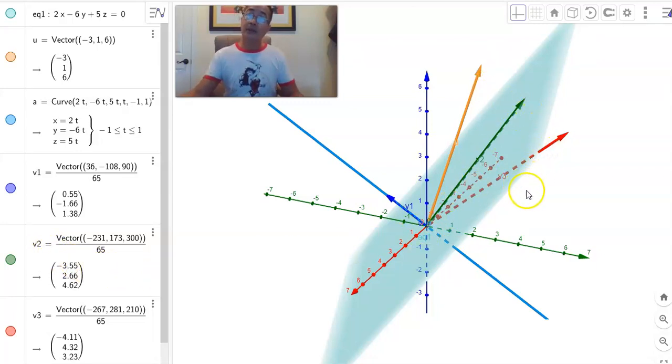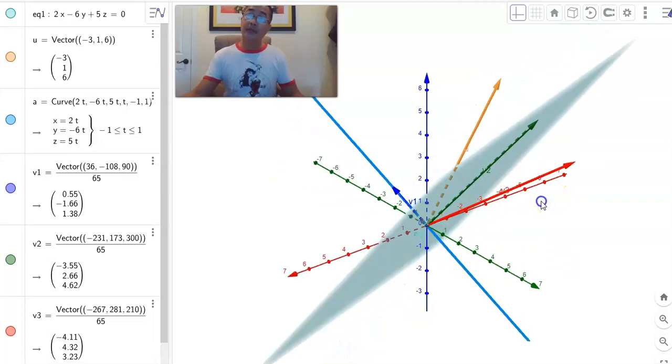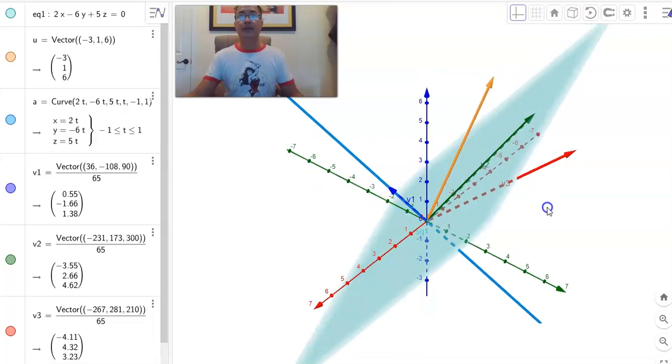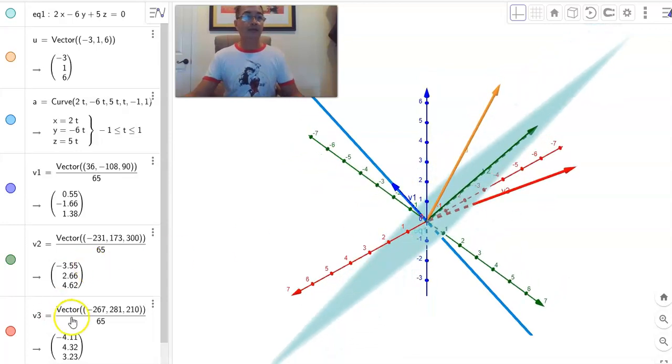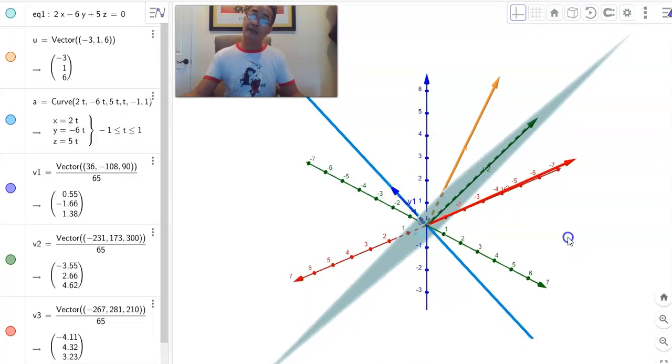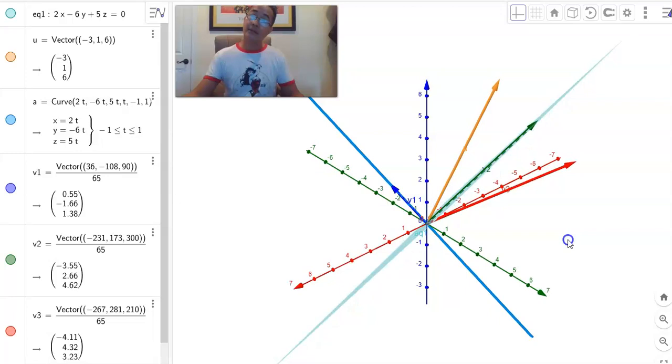So this has to be on pi, and let's rotate a little bit, and as you can see, that vector is on pi. And the third vector is the reflection of our vector across pi. That looks pretty convincing, right? That red vector is a mirror image of our original vector across the plane.